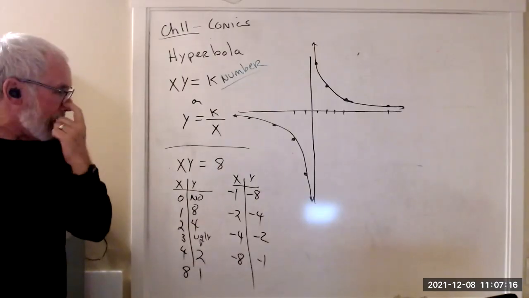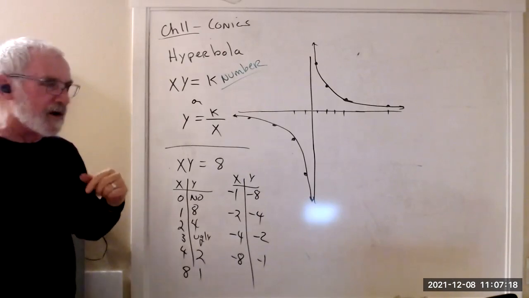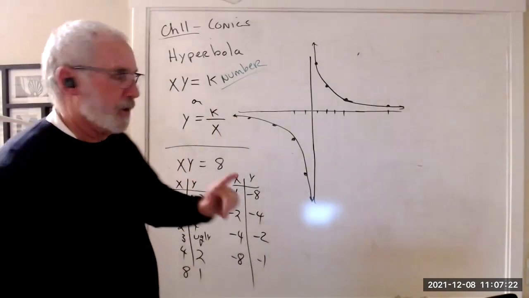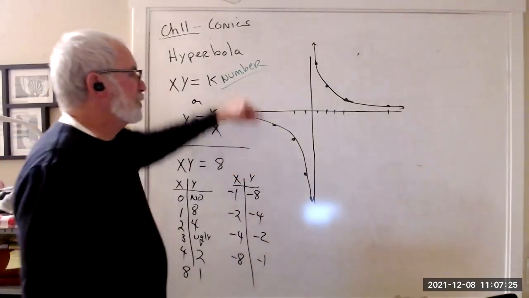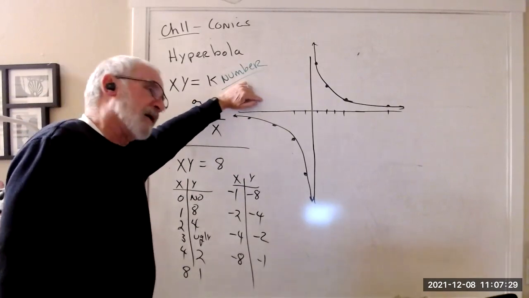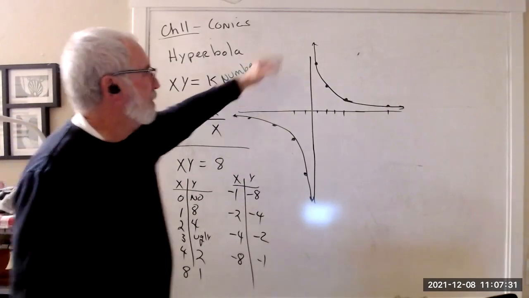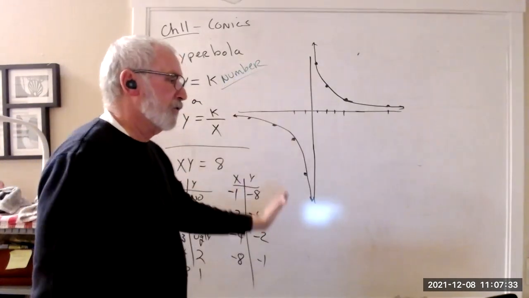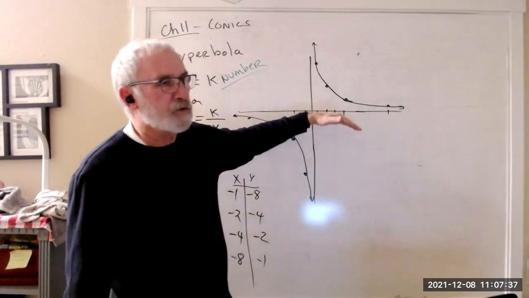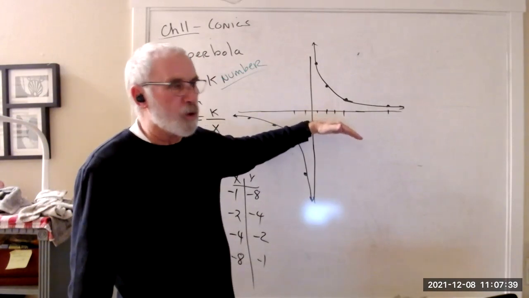In my day, right after we invented fire, but before we invented the wheel, this was known as a rectangular hyperbola, because in my day, instead of calling this the XY axes, we called this the rectangular coordinate system.